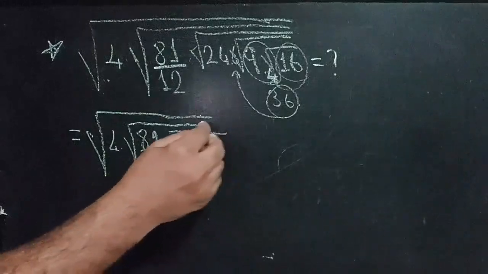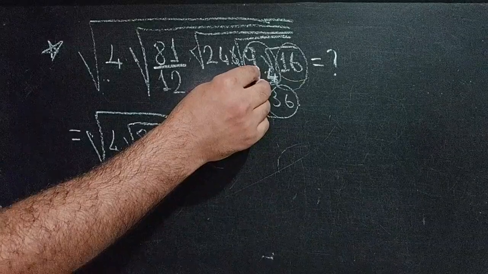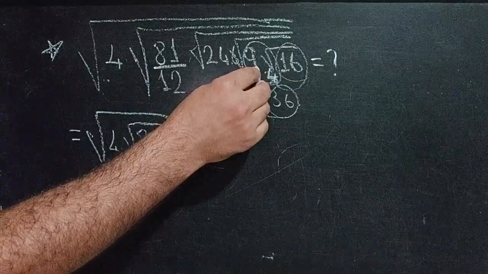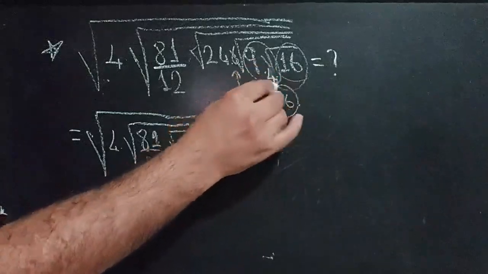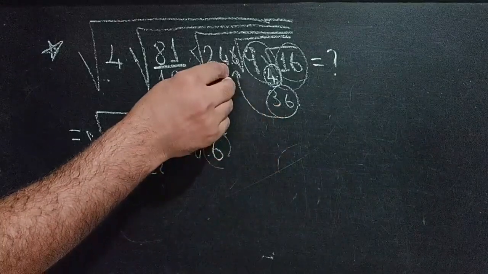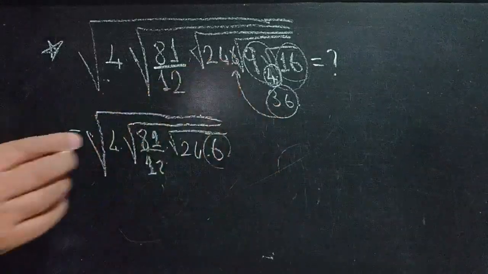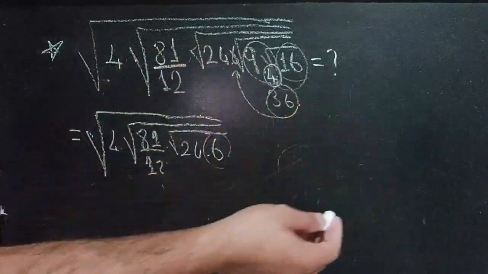That will be 6 then. The 6 is coming from that 9 square root 16. 16 came out as 4. 9 times 4 is going to be 36. 36 will come out as 6. Alright, I don't have space, that's why I didn't write this all separately.